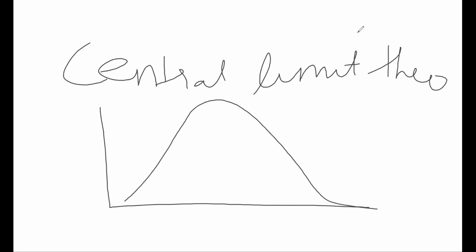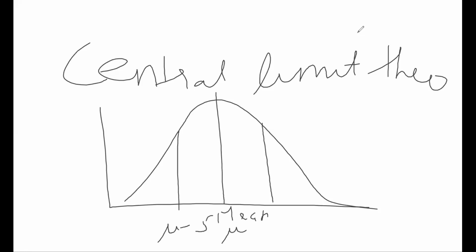This theorem tells us that if our data is like this bell-shaped curve, this is our mean, which is represented by mu. Mu minus standard deviation, and this is mu plus standard deviation.